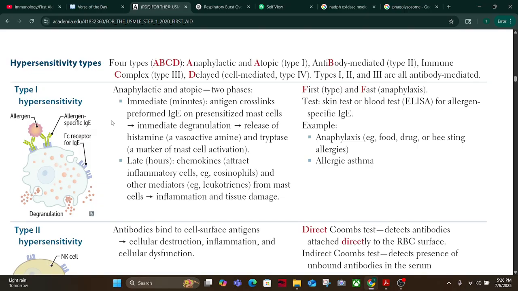The test is a skin test or blood test, which is ELISA, for allergen-specific IgE. Examples would be anaphylaxis, like food, drug, or bee sting allergies, or allergic asthma.